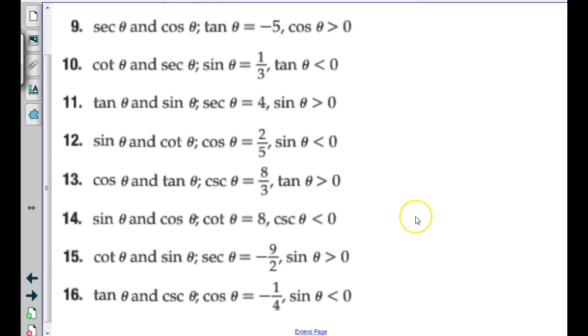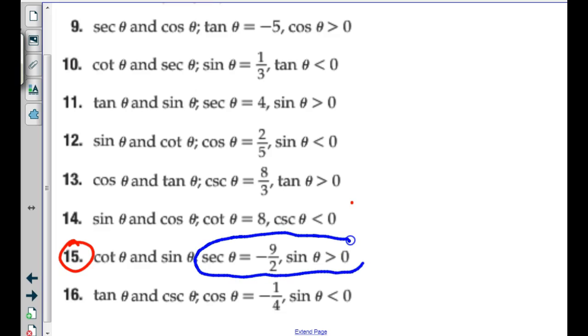Yes. This is a draw question. We know these two things. Sorry, out of control with the tablet here. Know these two things. Which, by the way, if secant is negative, then the cosine is the flip of that, right? We also know that.